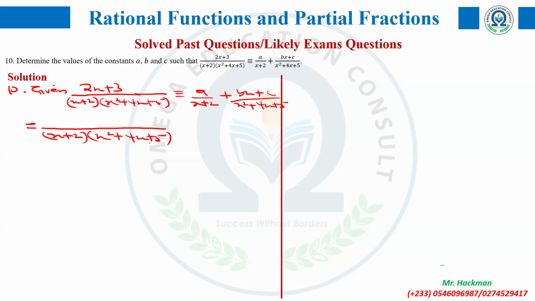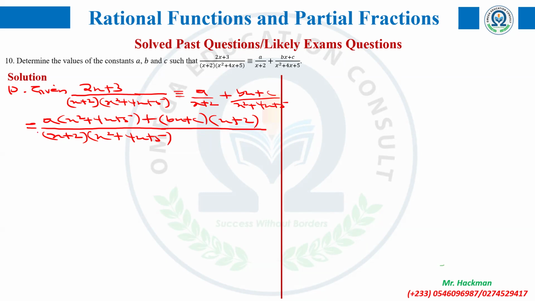It will be this number of times A. So I will get A, then x squared plus 4x plus 5, plus, now this will go into this x plus 2 times, but this is a binomial, so I'll put both in brackets. So let me write the Bx plus C, then times x plus 2. So I'm showing you the first way.